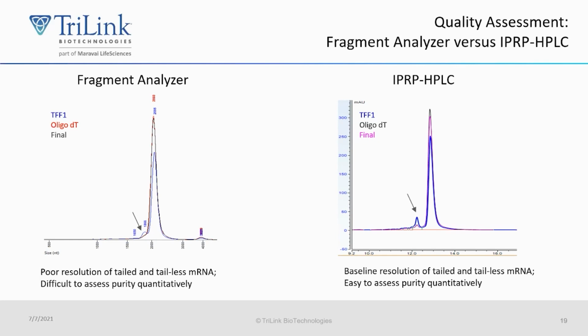For the IPRP HPLC example shown on the right, the blue traces the material before diafiltration and before purification. The black trace is after oligo-dT, and the pink trace is the final product. The IPRP HPLC method does offer baseline resolution of the tailed and tailless mRNA and is an easy way to assess the purity of the messenger RNA product.